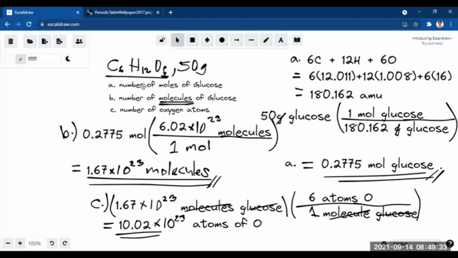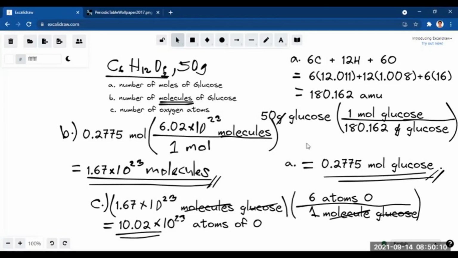So in order to find the number of moles of glucose, we multiplied the given 50 grams of glucose by the inverse of the atomic mass unit in order for us to cancel the grams. So 1 mole per 180.162 grams of glucose. So we got 0.2775 moles of glucose.